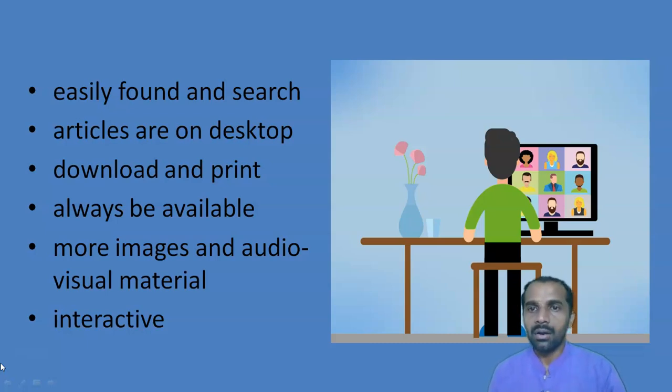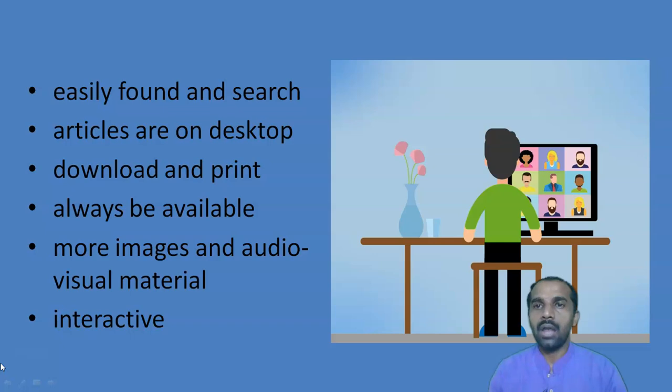Journal articles are on your desktop. You don't have to be in the library. It can be very easy to email articles to yourself or download them for printing. Articles that you want to read will always be available even when the library is closed.